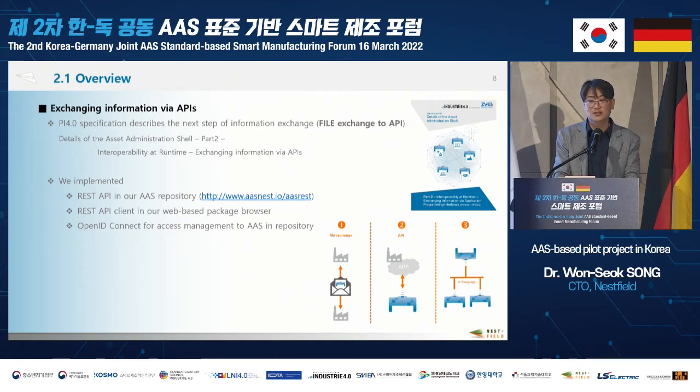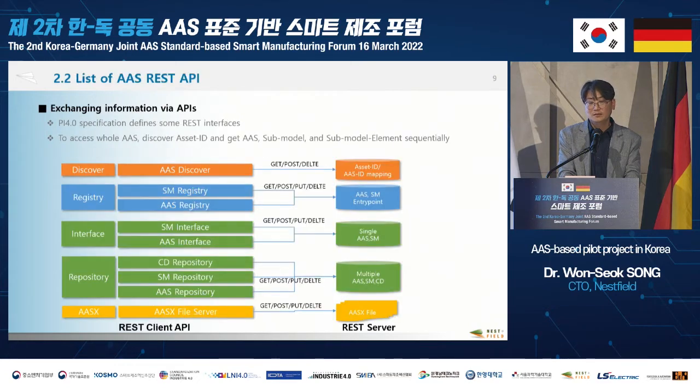We have utilized the REST API, and also we built our repository. Now the service is online. We are currently using that. Also, we have the web-based package browser, and the package browser can be the key UI that you can use for this kind of service.